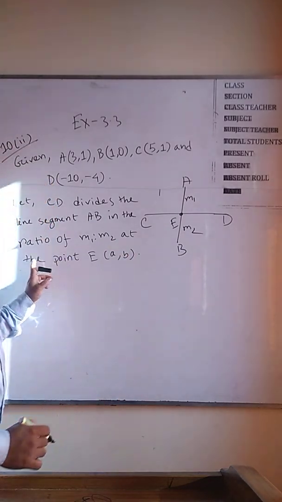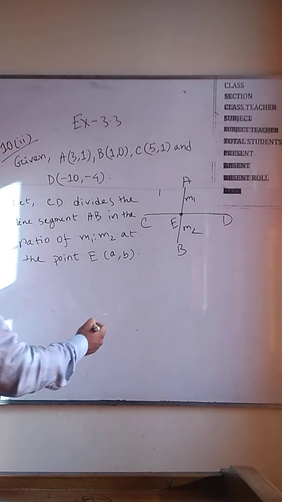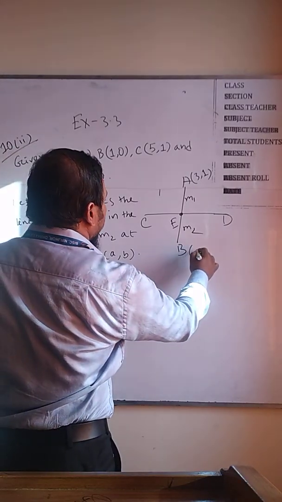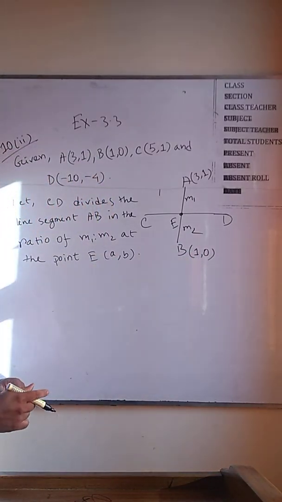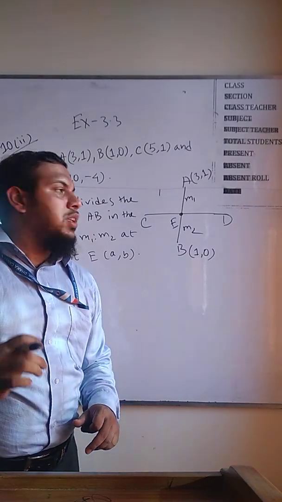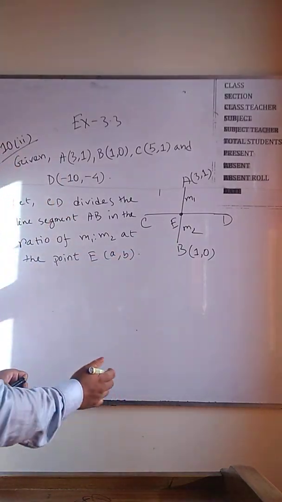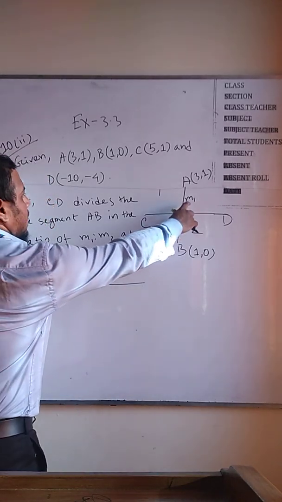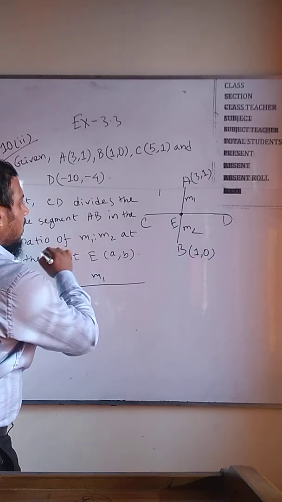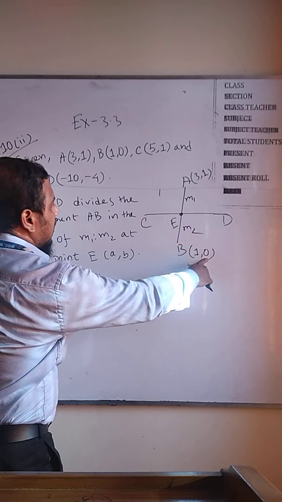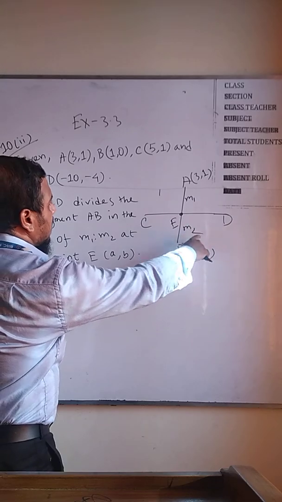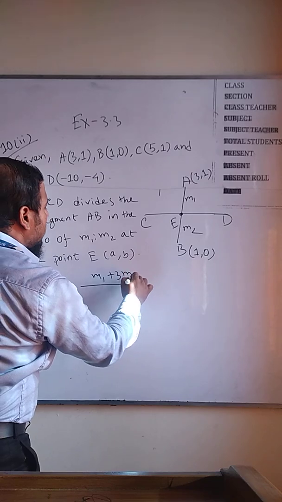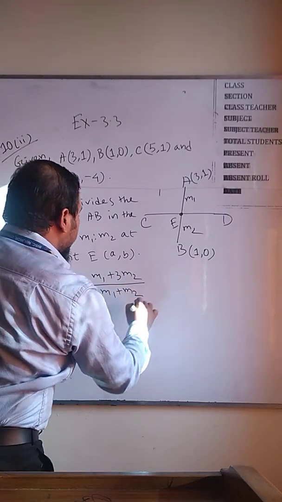Now we are finding the point E on AB. A is (3, 1) and B is (1, 0). For the x-coordinate, it is M1 into 1, so M1, and M2 into 3, so 3M2, divided by M1 plus M2.